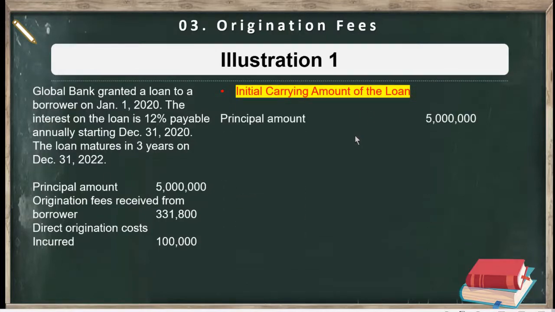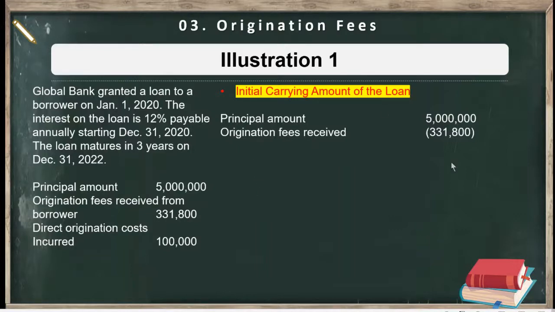It's equivalent to the principal minus origination fees received, since we received that from the client. Okay? Meaning we already received money from the client. It's as if a portion of our expenses was reimbursed.